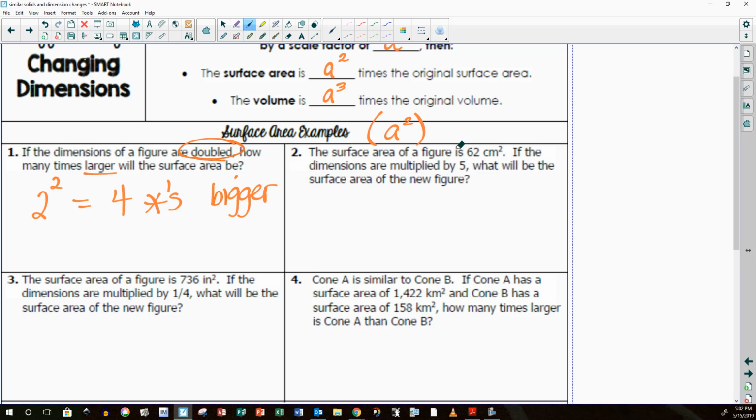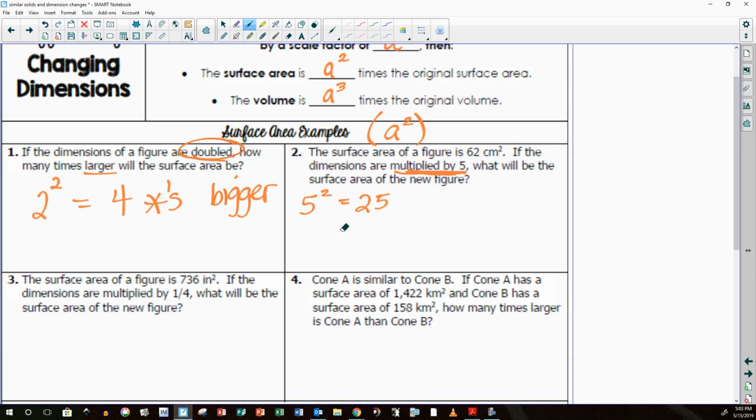It says the surface area of a figure is 62. If the dimensions are multiplied by 5, what will be the surface area of the new figure? So what you do is you take how you're changing it. I'm multiplying everything by 5, and since we're talking about area, we square it. So it's 25, which means it's going to be 25 times bigger.